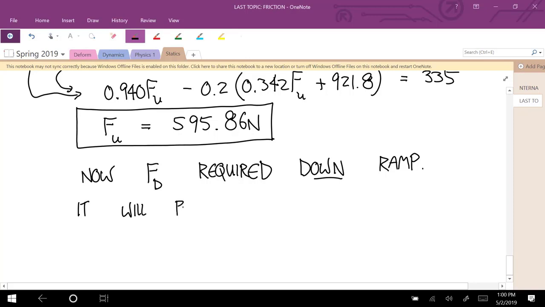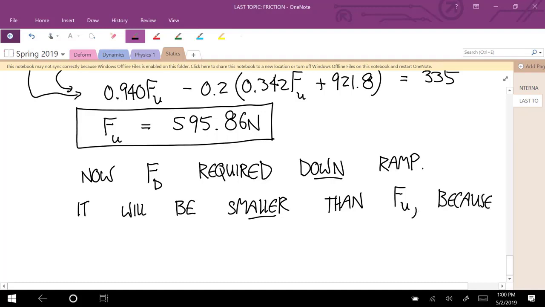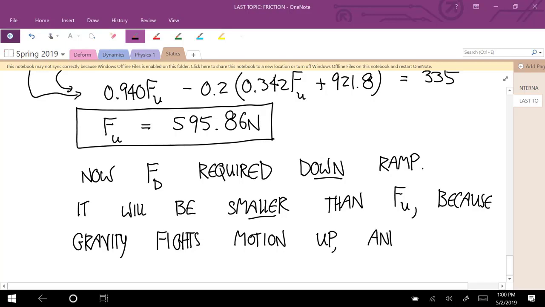It will be smaller than FU, because gravity fights motion up and helps motion down.